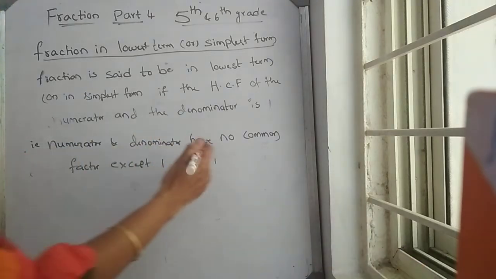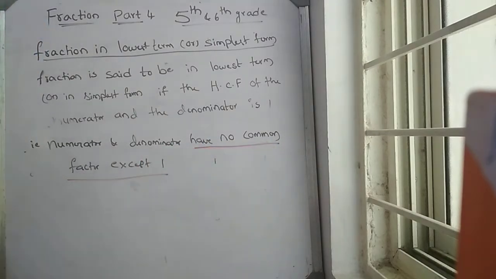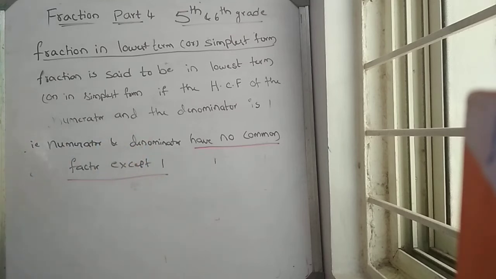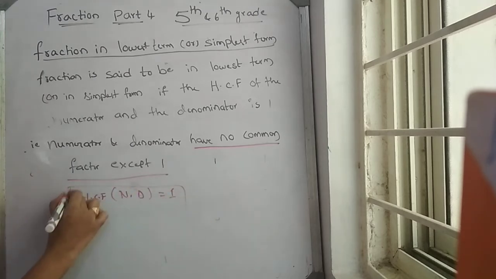A fraction is in lowest terms when the numerator and denominator have no common factors except 1. That means the HCF of the numerator and denominator is equal to 1. This is the main point. Now clear, right?